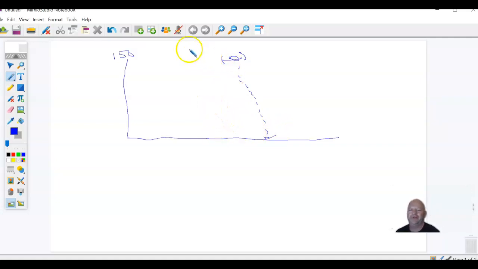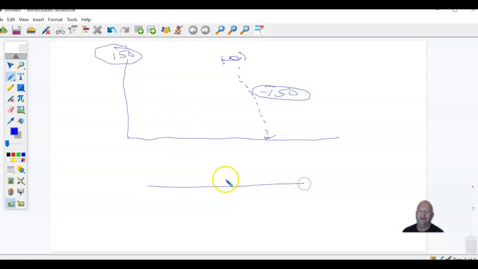Well, if it was 150 feet in the air, then it would fall 150 feet as well. And since this was up, this is going to be down. So it's going to fall at negative 150. Going down is negative, going up is positive. Just the same as on here, this is positive and this is negative.